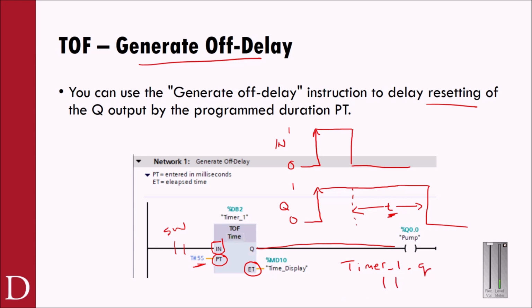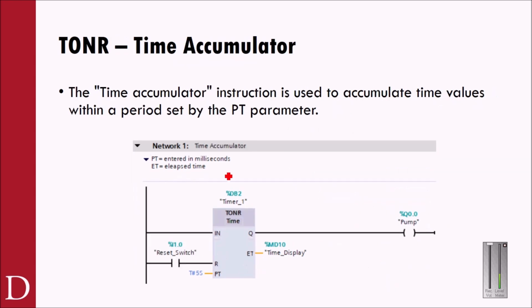Okay, so on delay and off delay. The TONR, so a lot of times we would call this retentive on delay in most other PLC platforms. Siemens likes to address this in their literature as a time accumulator, and it actually kind of makes sense when you think about it. Time accumulator instruction is used to accumulate time values within a period set by the preset time parameter.